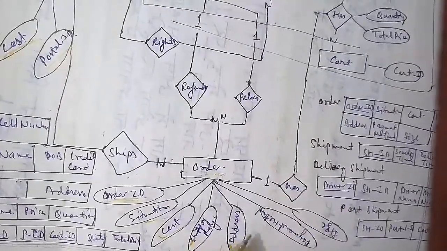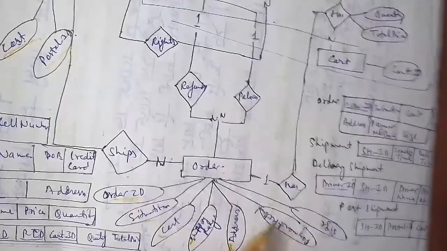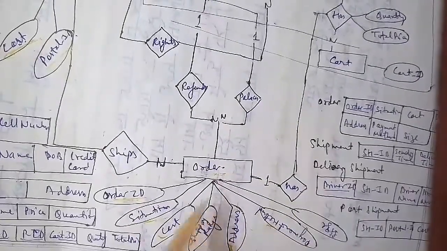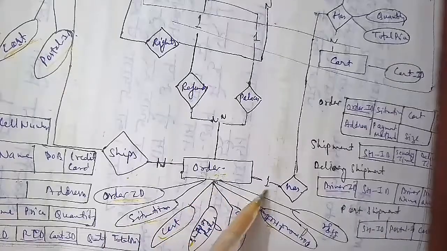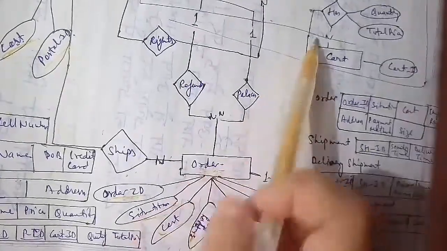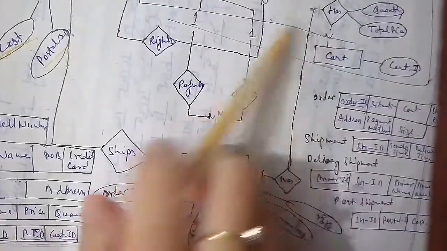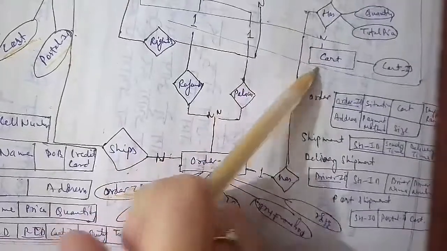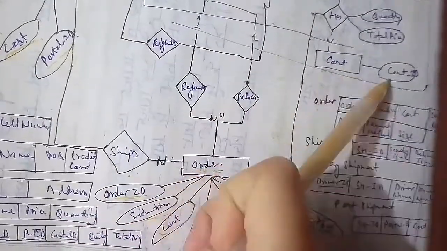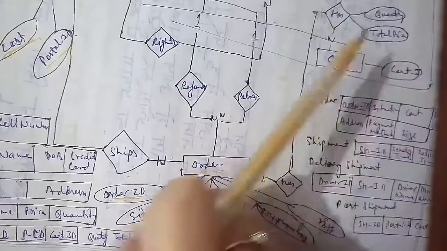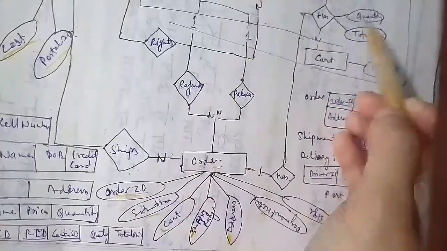The order is connected to the cart. In terms of the cart, you have to know the cart ID itself, the quantity and the total price. So you should know what the quantity is and what your total price is.